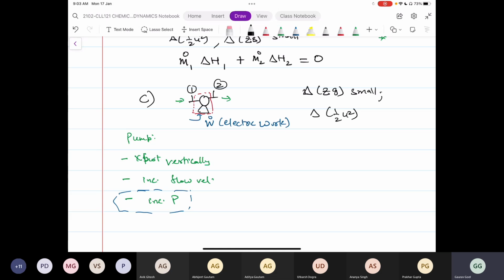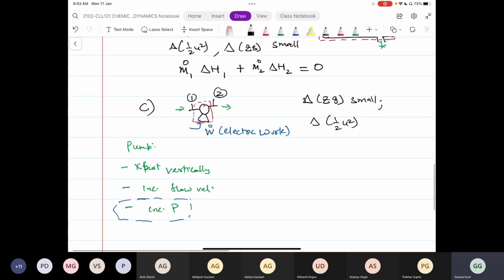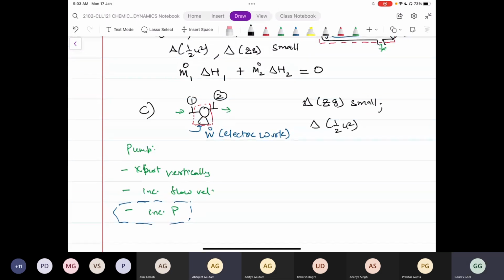Which term in your equation is strongly dependent on pressure in the generalized energy balance? Enthalpy term. Enthalpy term can change significantly, right? We don't know. For some fluid, it might not. For some, it might change a lot. Okay, so I cannot ignore it a priori.